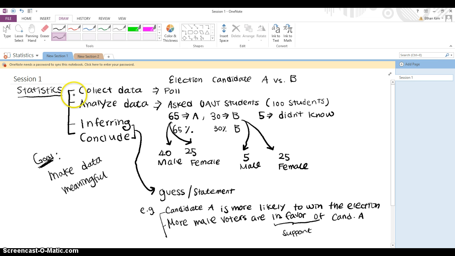So statistics is pretty much, in a nutshell, you're analyzing the data and you're making it meaningful and useful for a certain topic.